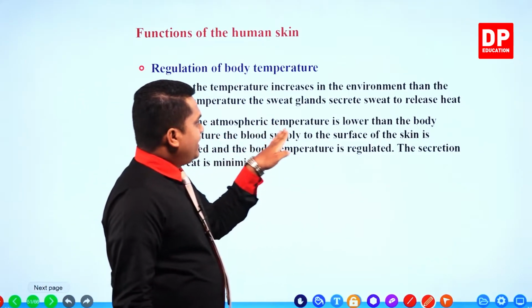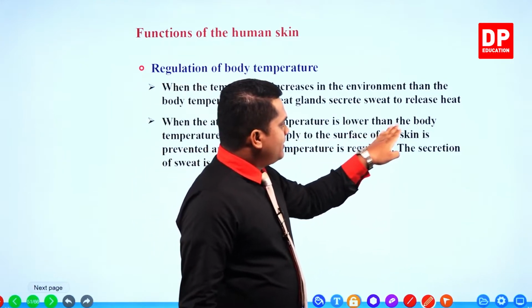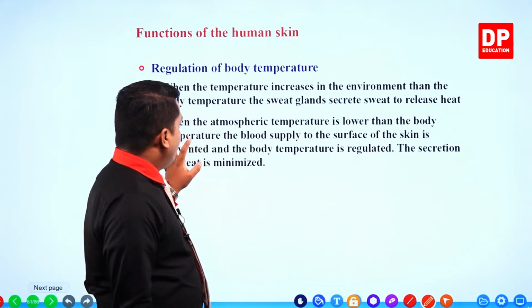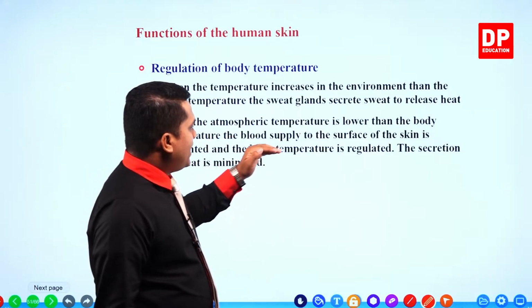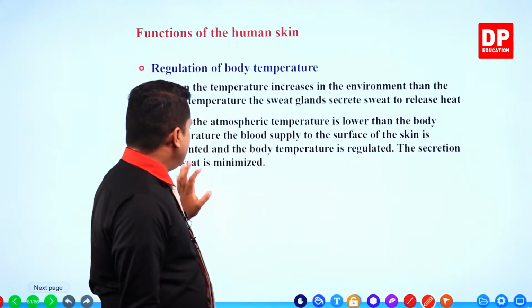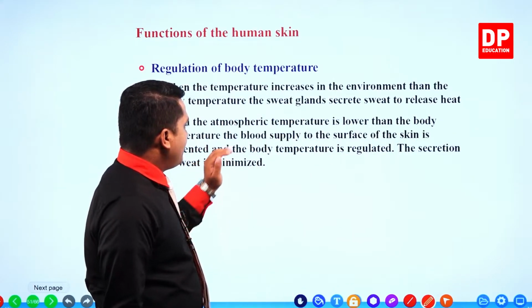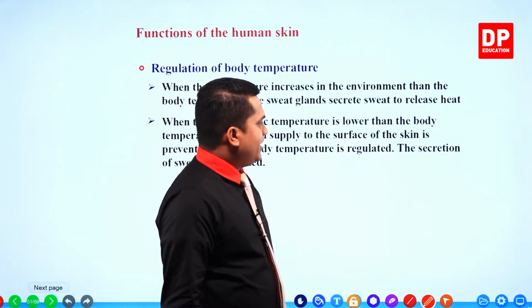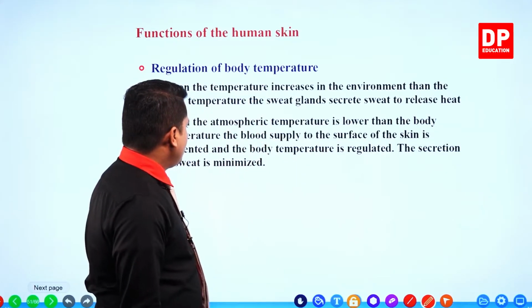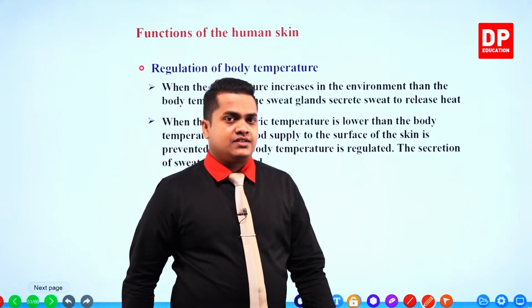When the atmospheric temperature is lower than the body temperature, the blood supply to the surface of the skin is prevented and the body temperature is regulated. The secretion of sweat is minimized.